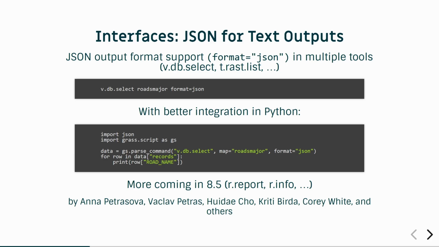And by default, it gives you attribute table, or you can do queries. And this can now do not only CSV, comma separated output, but also JSON. And then in Python, this JSON is very easy to ingest. So the workflow of using the data in Python is now much simpler. In upcoming version 8.5, we will have even more tools which will have that interface.